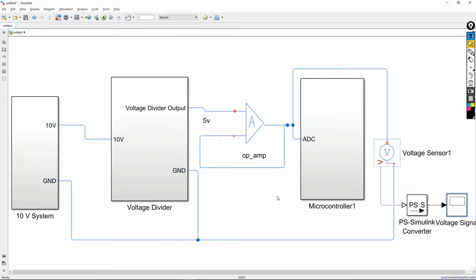All you have to do is connect the output of your voltage divider to the positive input of the operational amplifier, and then connect the output from the operational amplifier to any system that you want. However, make sure that you feed back the output of the operational amplifier to its negative input.